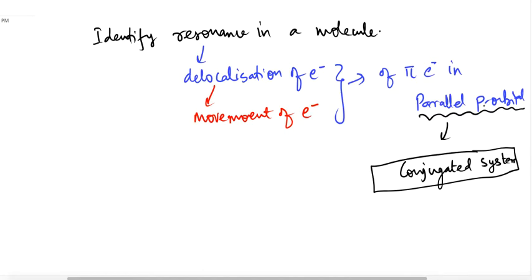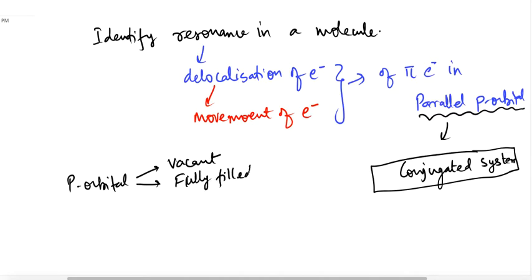This p orbital could be unoccupied, or you can say vacant, or maybe occupied, fully filled, or partially filled, or it has one unpaired electron.